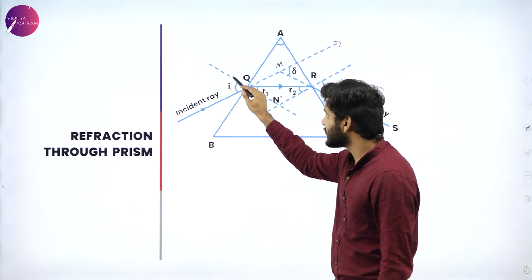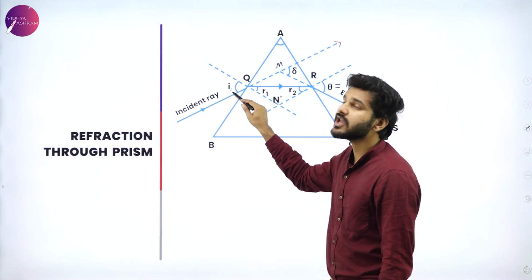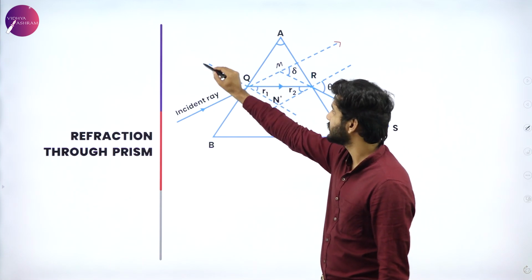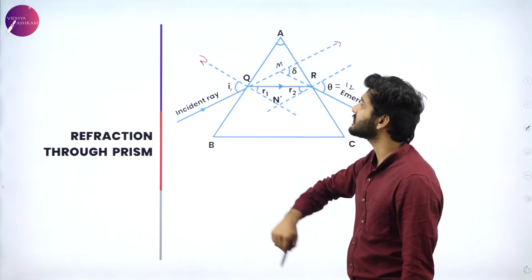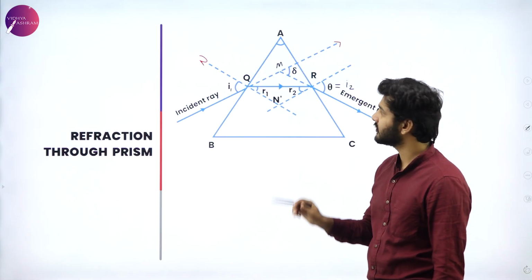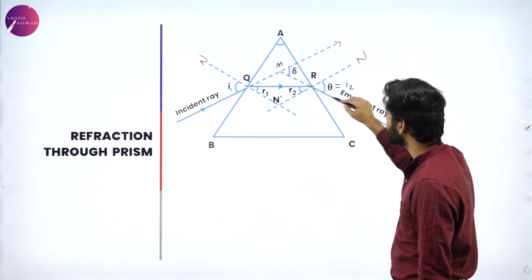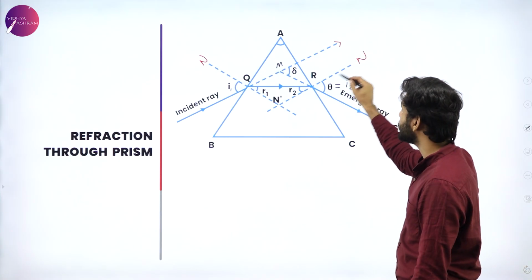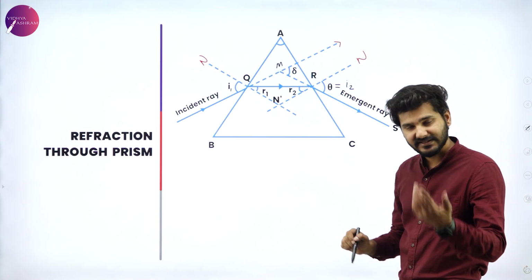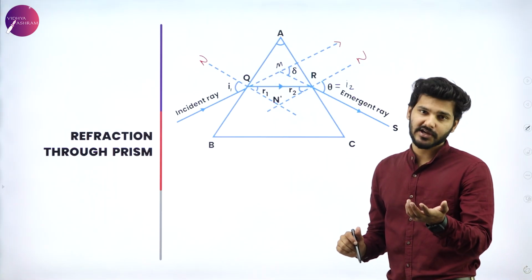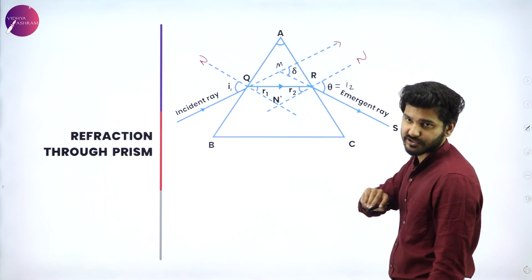The incident ray makes an angle of I1 with the normal. And this is another normal with respect to the emergent ray, and it makes an angle of I2.